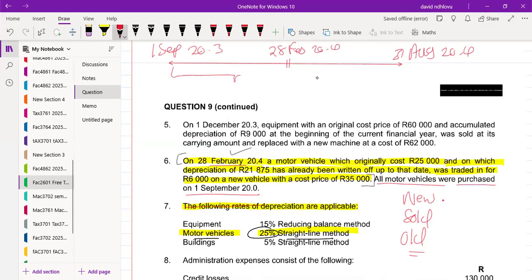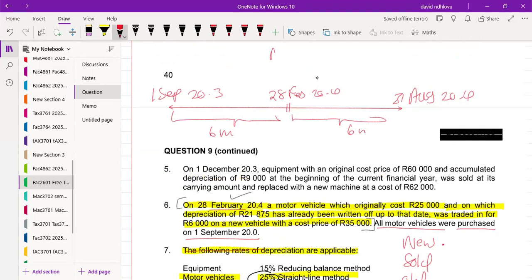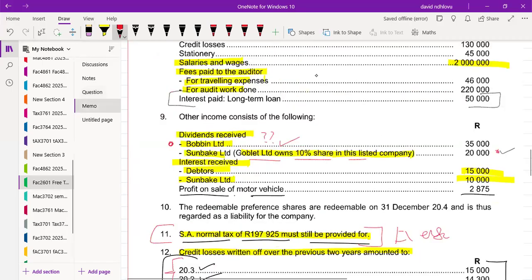You count your number of months here. So this is 6 months, this is 6 months. And now at this point, this is when you acquired the new and you sold the old vehicle. So once we have that, all we need to do now is to know which method we are using and apply it, which is what we're calculating.